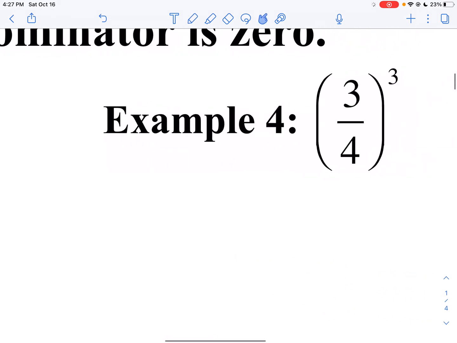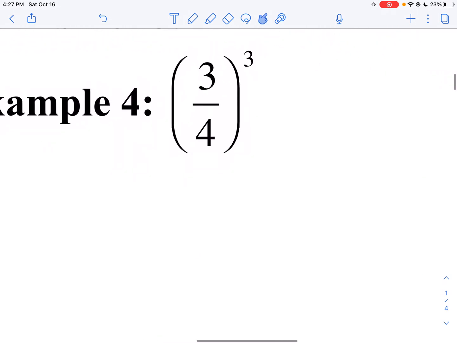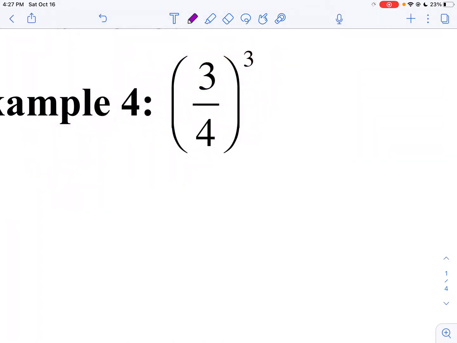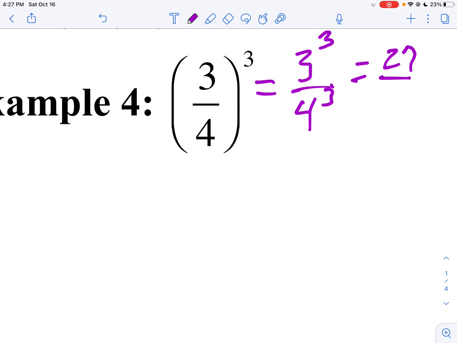If we take a look at another one, now I've just got a fraction here. Notice the bases are not the same. Since the bases aren't the same, I can't reduce them. So I'm just going to get 3 to the 3rd over 4 to the 3rd, which would be 27 over, well, 4 to the 3rd, 4 squared is 16, 16 times 4 is 64.